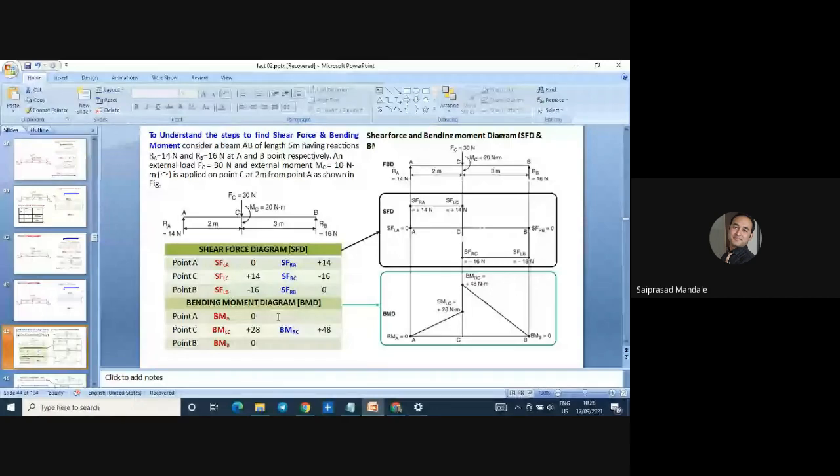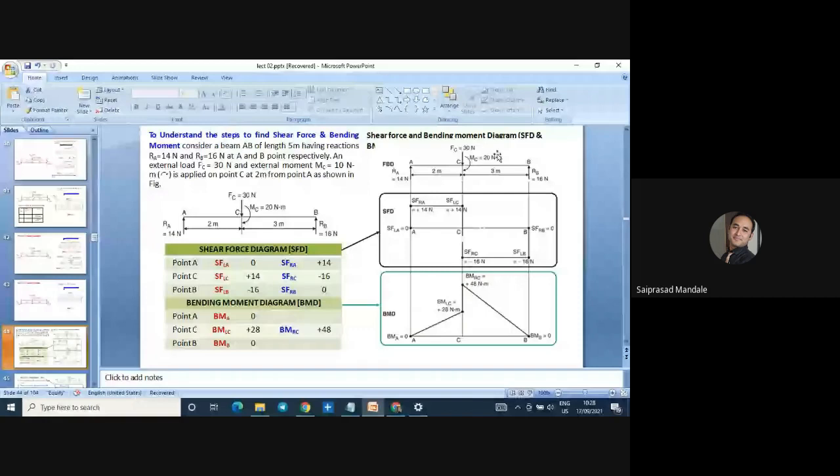Here it is a point load, so there are vertical and horizontal lines in the SFD: minus 14, minus 16, and 0.